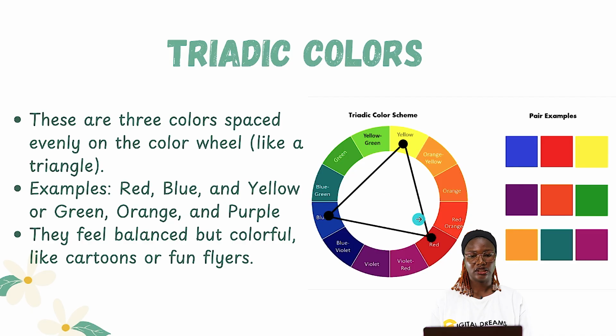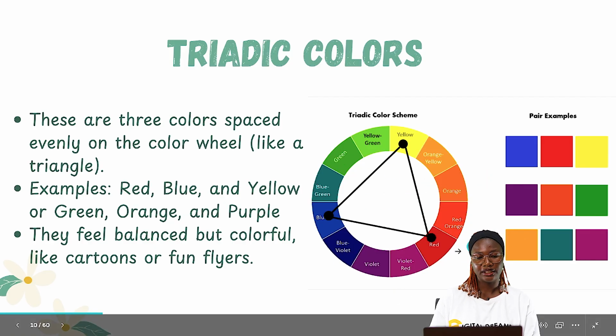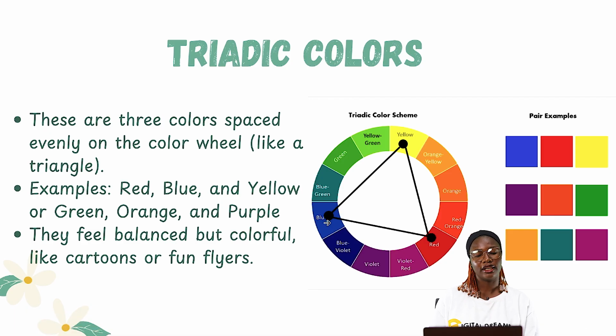You could use green, purple, and orange. They feel balanced but colorful, like a cartoon or fun flyer. So you could use this when you're making a design or flyer that has to do with children, because they are very colorful.